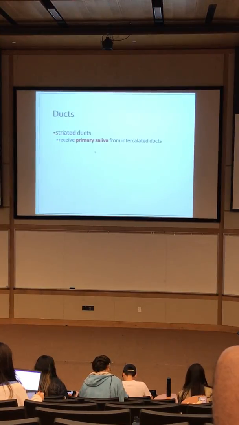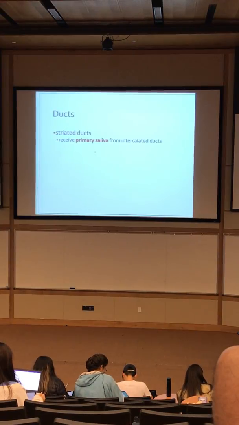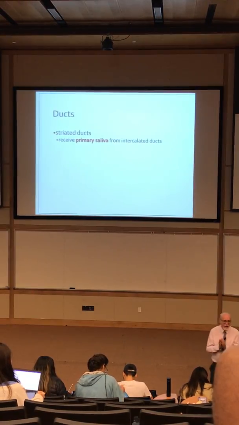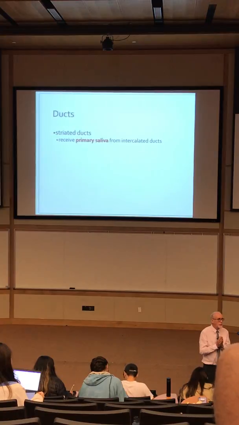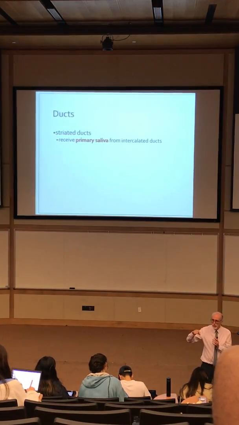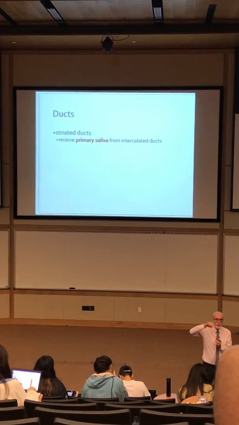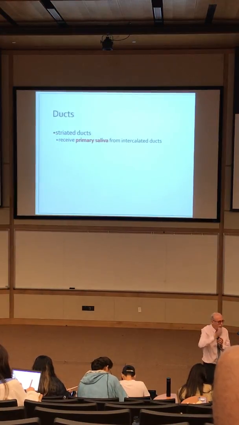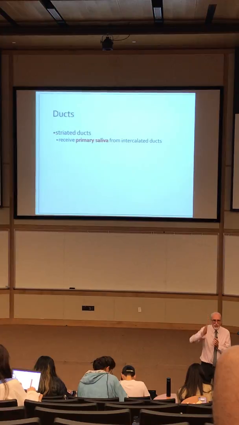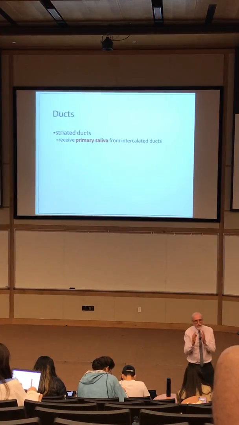Intercalated ducts are going to lead to larger ducts, which we call striated ducts. The reason we call them that is because when people were first studying them with the light microscope, it appeared as though the basal part of the cell had striations in it. The reason for that appearance is that the basal part has these big folds, and between the folds there are rows of mitochondria, and so at the light level, that gives a sense of being striated.